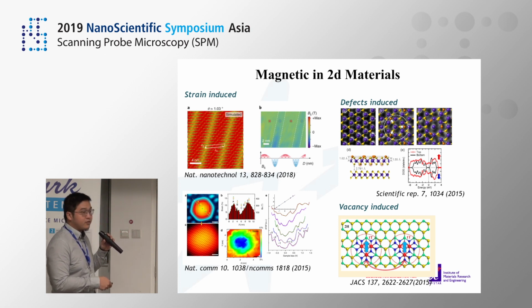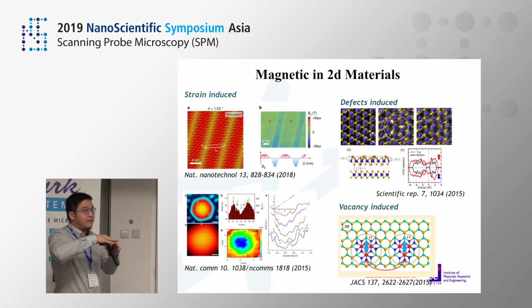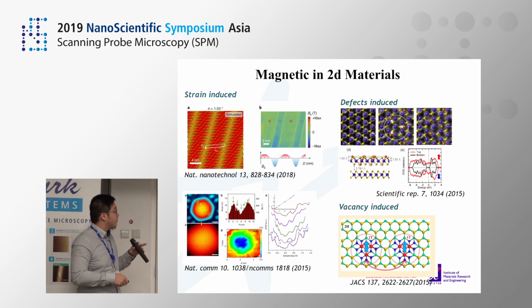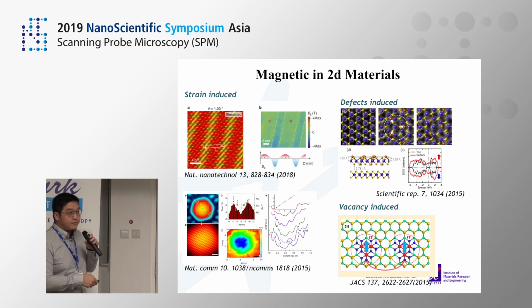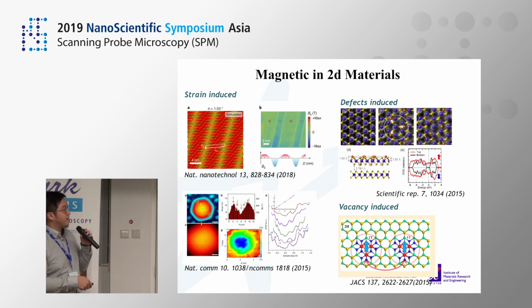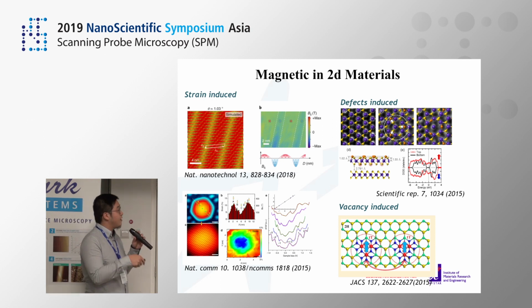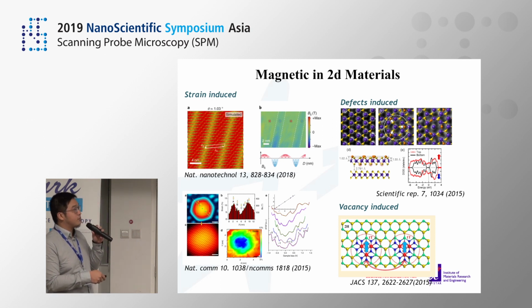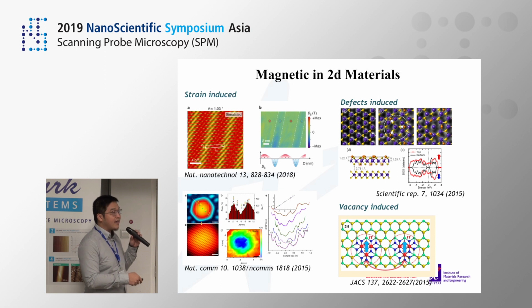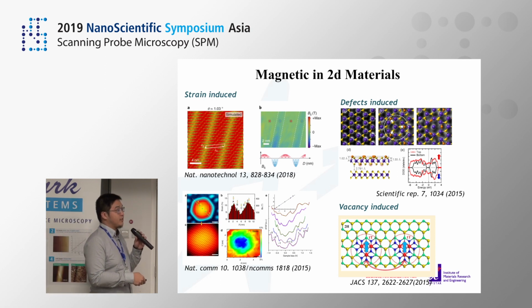Also, strain induced by nanoparticles: graphene on nanoparticles, the strain will give a very strong local magnetic field, up to 100 Tesla. You can also create defects on these 2D materials using an ion beam, and simple vacancies will also give local magnetism in two-dimensional materials.